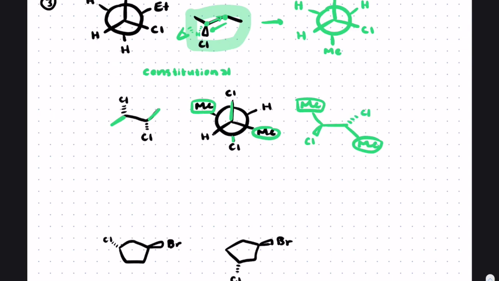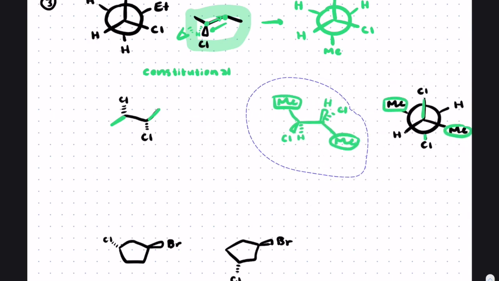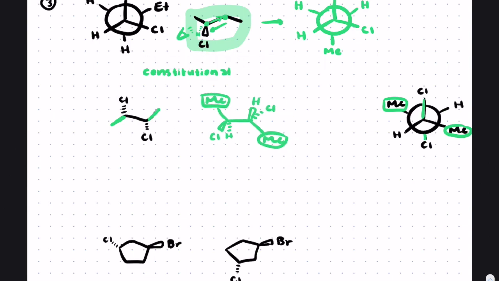So now we have to put the chlorines trans to each other, anti to each other. I would do that by making one of them wedged and one of them dashed. And then finally, the same thing with the hydrogens, one of them wedged and one of them dashed, which would make them anti to each other in our sawhorse.